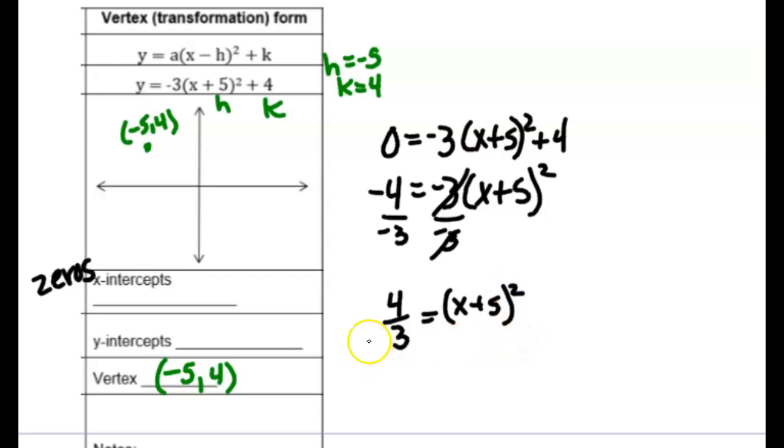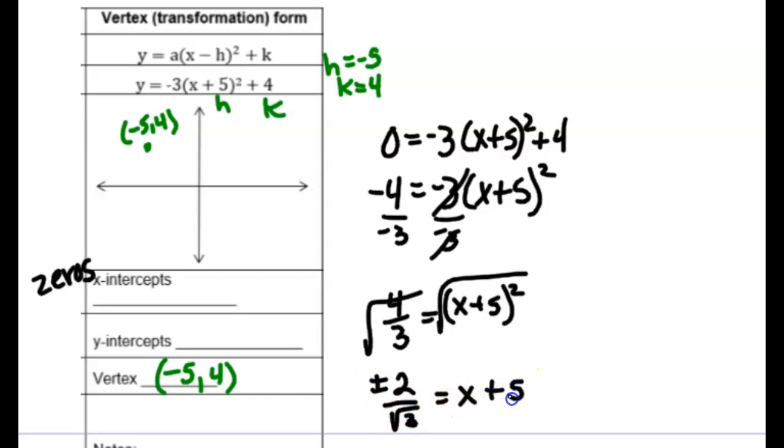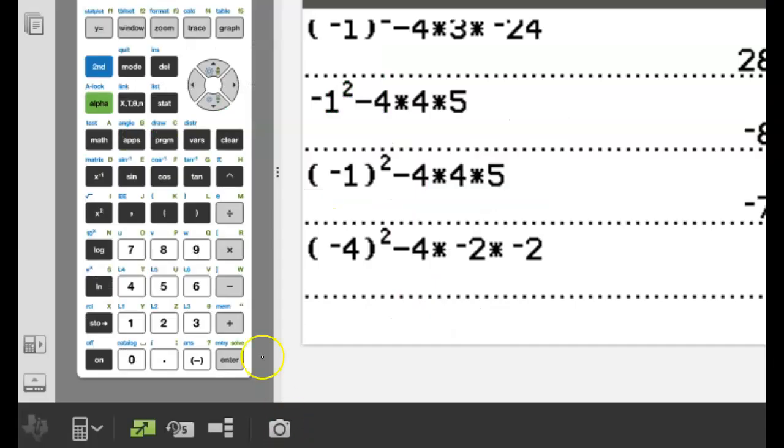Square root. And we'd have the square root of this would be 2. We'd have a disgusting square root of 3 in the denominator. We'd still have to subtract a 5 over there. They're going to be really ugly, okay? Really ugly. So let's use the calculator.